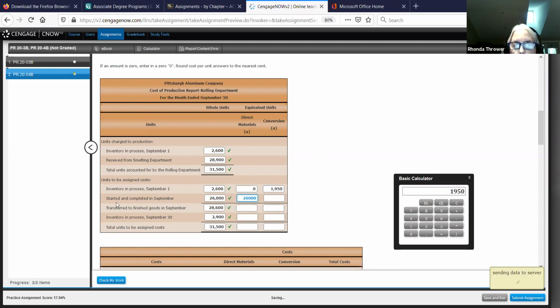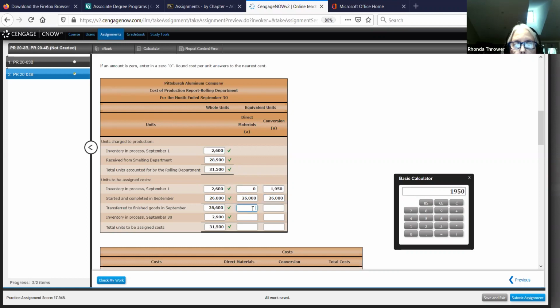Since these units were started, they had all the materials in them, and they were also completed. They've got all of the conversion cost in there too. So all 100% of the 26,000 units have all of their conversion in there.